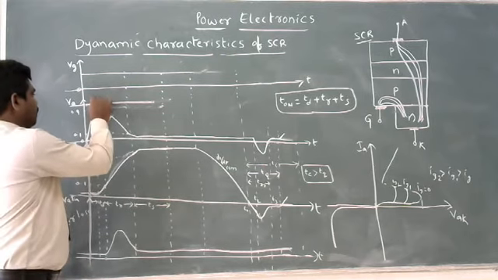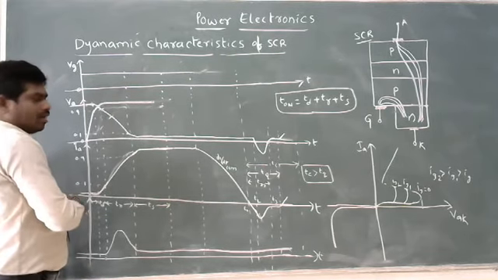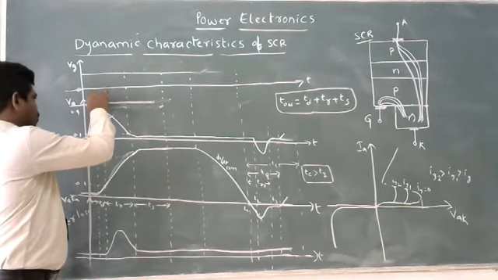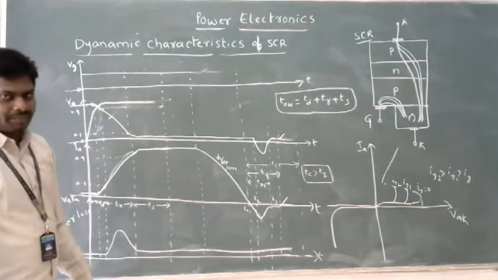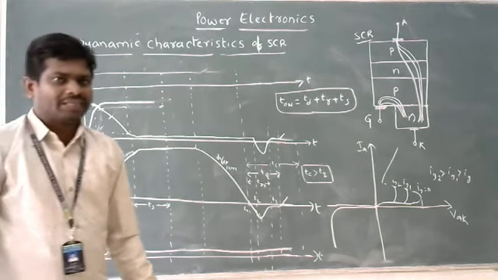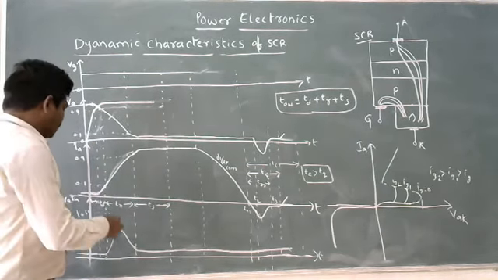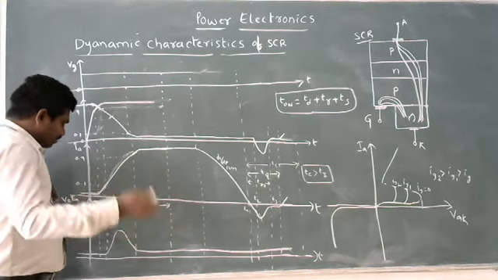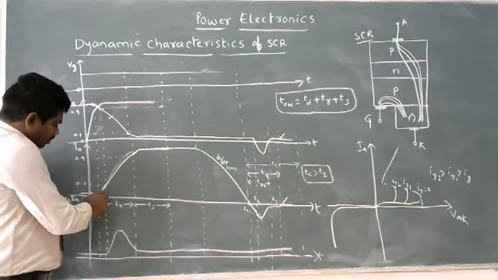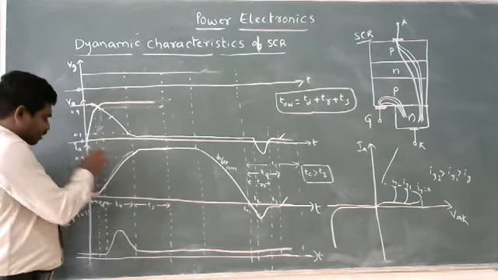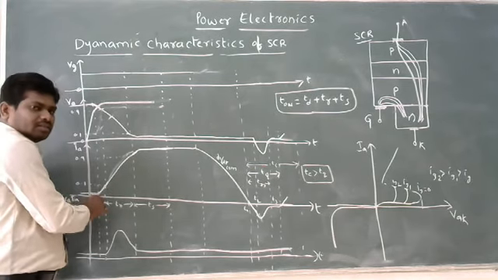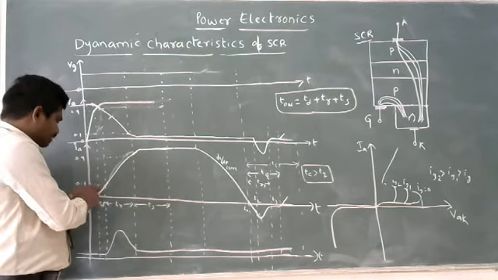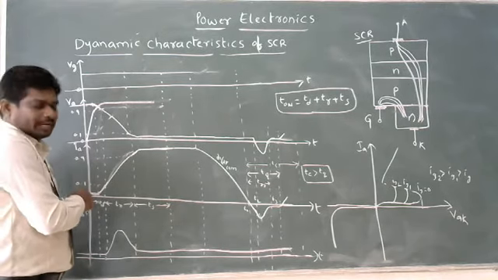After that, our voltage reduces from its maximum value to 90% of its value. During that duration, our anode current rises from the leakage value, meaning 0, to 10% of its maximum value.